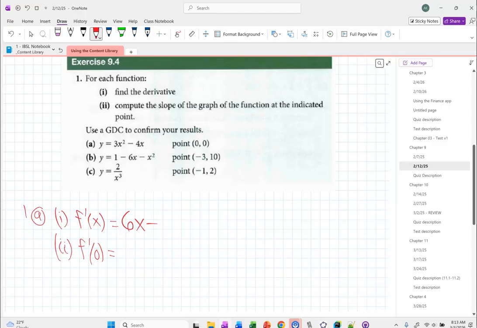X to the 0 is 1. So I'm left with just 4 times 1, or 4. And then to do f prime of 0, I just plug 0 into that formula I just got.